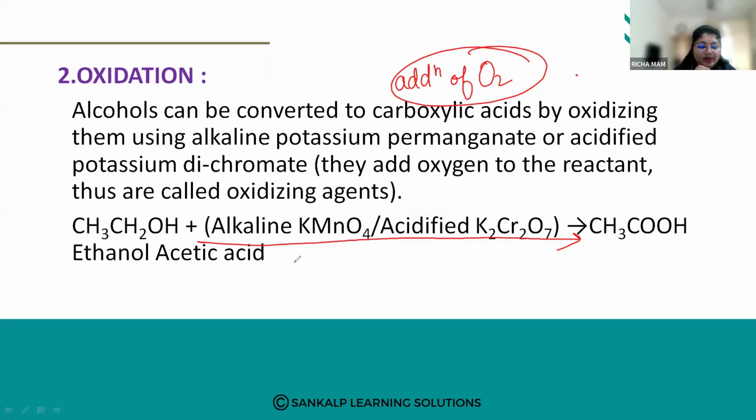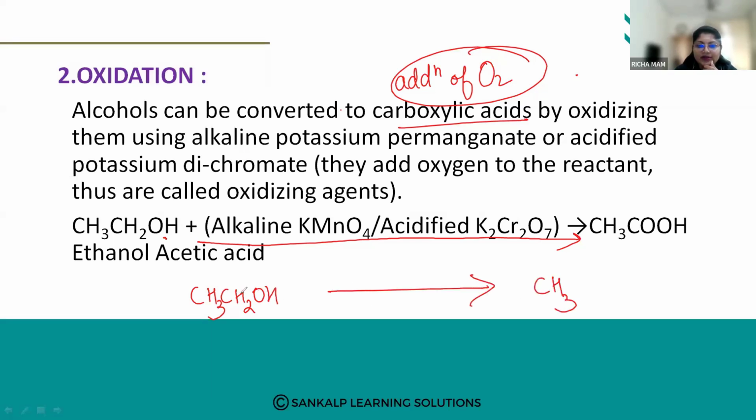So carbon compounds easily get oxidized. Suppose I have alcohol. Alcohol can be converted into carboxylic acid by using an oxidizing agent. What we are doing here, CH3CH2OH, alcohol, is converted into acid.